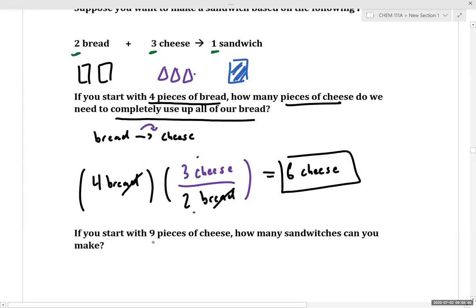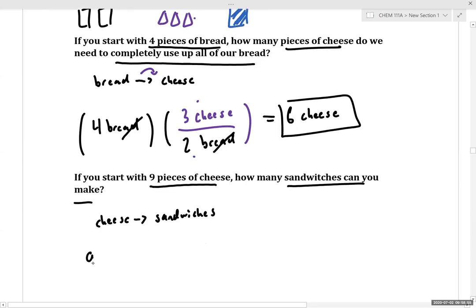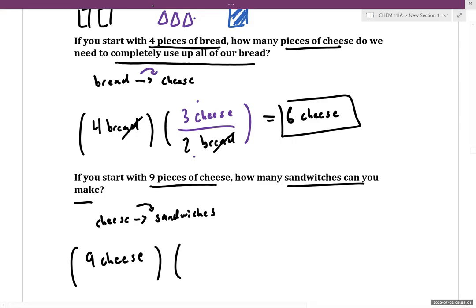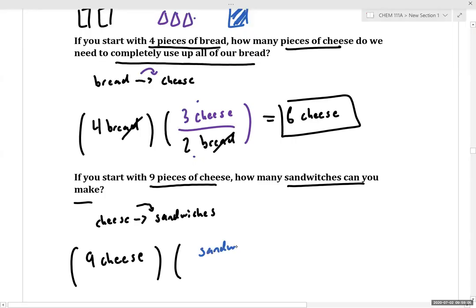Okay, now if we start with 9 pieces of cheese, how many sandwiches can we make? This time we're going from cheese to sandwiches. So starting off with 9 cheese, we're converting to sandwiches, so sandwiches are on top. How many sandwiches do we get per how many pieces of cheese?